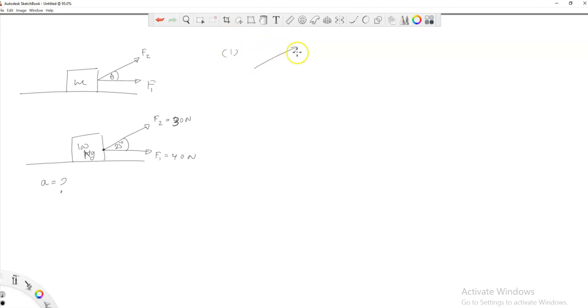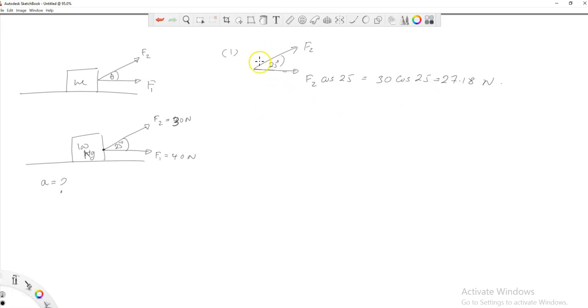So here we have F2. Here's 25 degrees. In this direction I can write F2 cosine 25, which is 30 cos 25, which is 30 multiplied by cosine 25 equals 27.18 newtons.